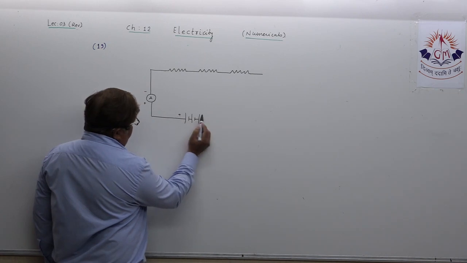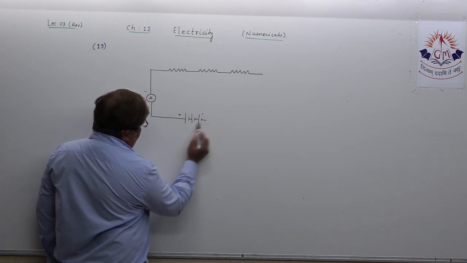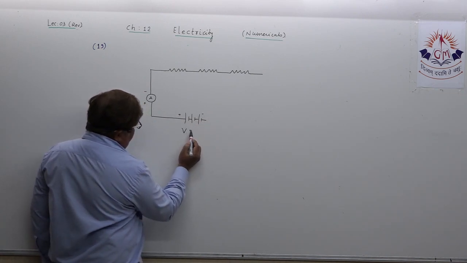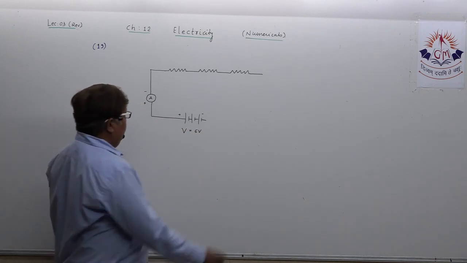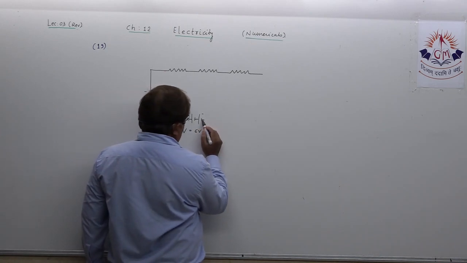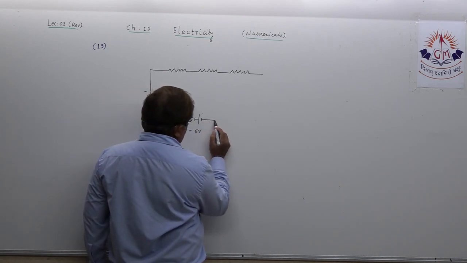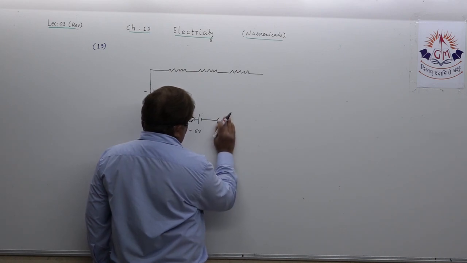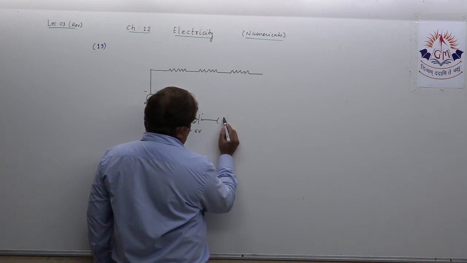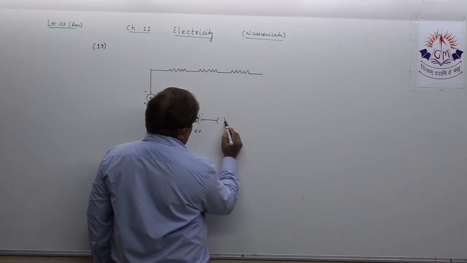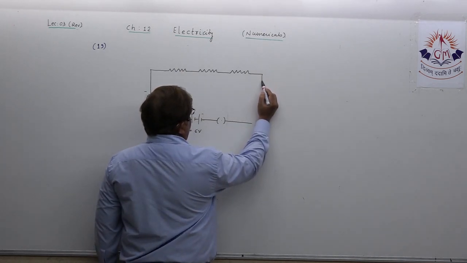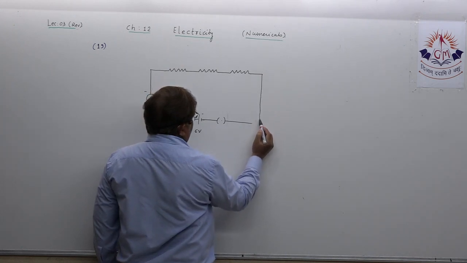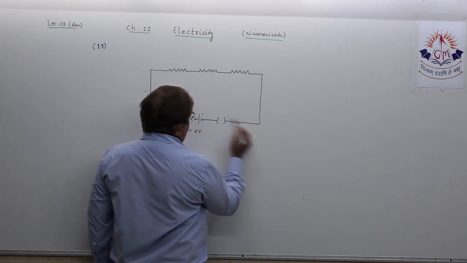Understand? Positive and negative. Ultimately, I just want to mention a series of cells means a battery. Understand? And a plug key. Plug key also you have to show in the schematic diagram. And then you just join it. Okay. Diagram is ready.